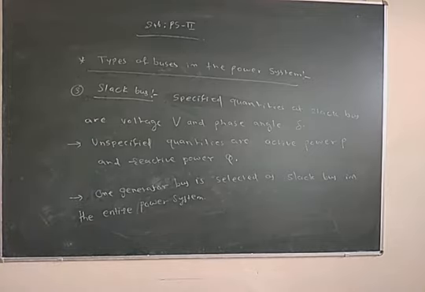In this way, buses are classified based on specified or unspecified quantities. There are three types of buses: generator bus, load bus, and slack bus. At generator bus, specified quantities are power P and voltage V, due to which generator buses are also known as PV buses, and unspecified quantities are reactive power Q and phase angle delta.